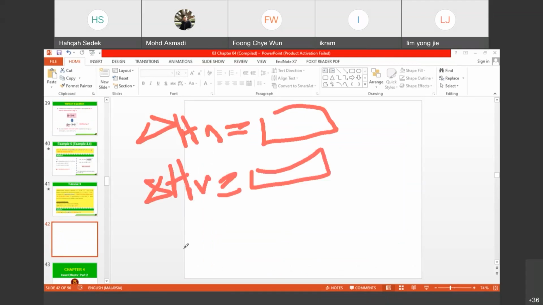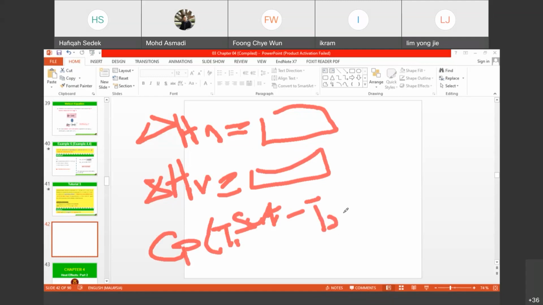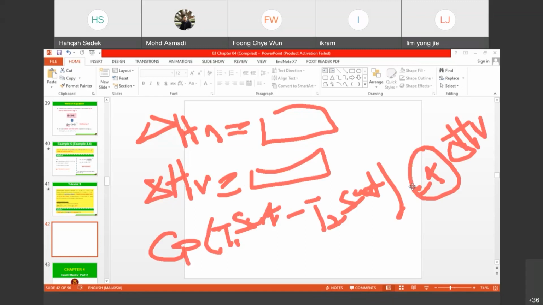From this one, from the Cp, T1 saturated minus T2 saturated equal to X delta Hv, so that you can get this fraction. Any questions before we stop? For example 4, I think it's later because I'm still not explaining the delta H formation.